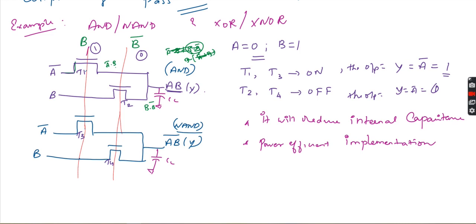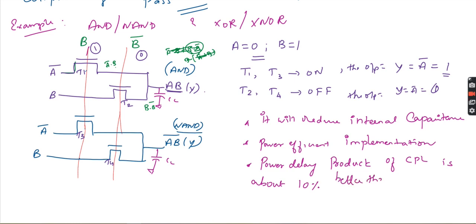If I want to quantify it, the power delay product of complementary pass transistor logic, CPL, is about 10% better than the standard CMOS logic.